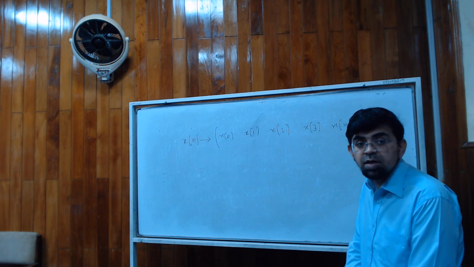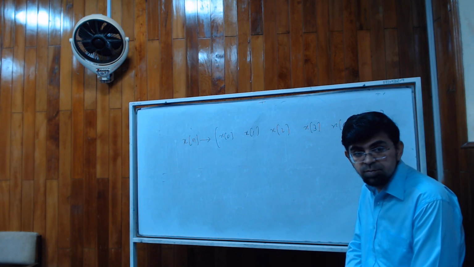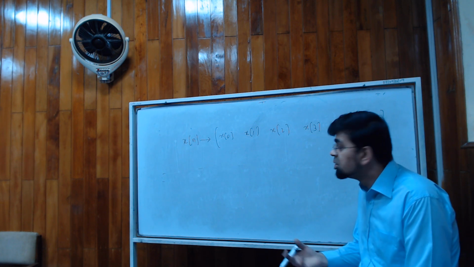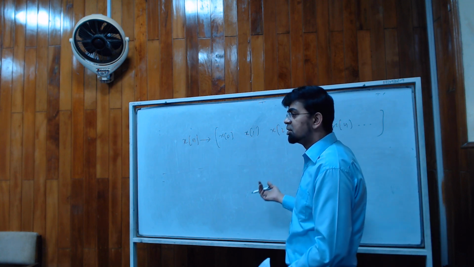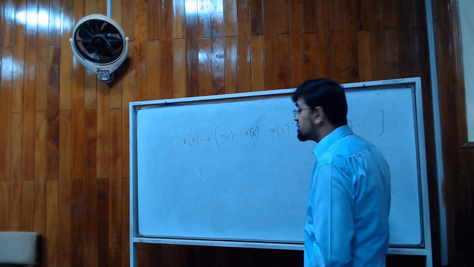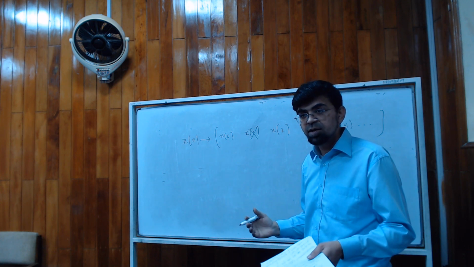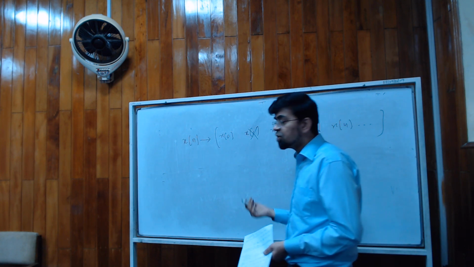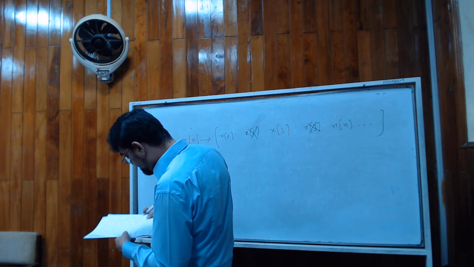Let's say half करना है इसको. So let's say if it has 100 values, you can drop 50. Drop every other value, right? Sort of आपने sampling time double कर दिया है. यही है ना? So you drop every other value. What you get?